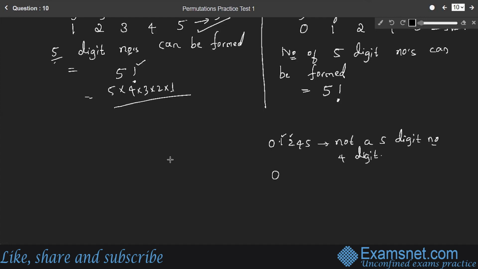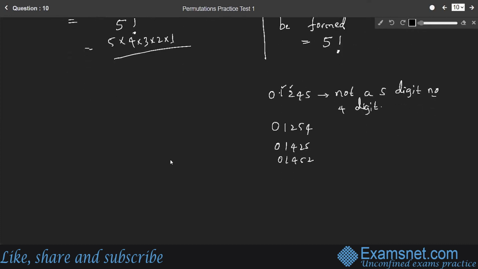For example, 0, 1, 2, 5, 4 gives 1254, which is also a number, and 0, 1, 4, 2, 5, 0, 1, 4, 5, 2. Like that, we can form many numbers. How many numbers can be formed? 4 factorial numbers can be formed.